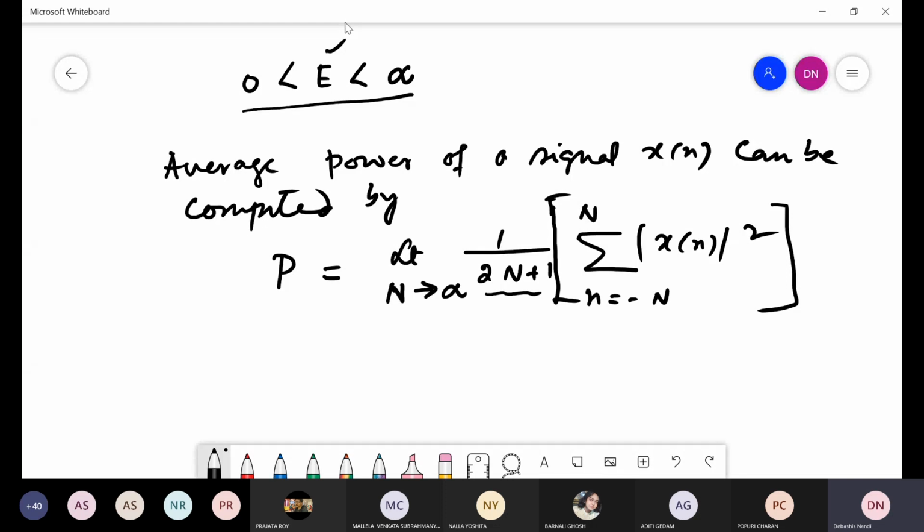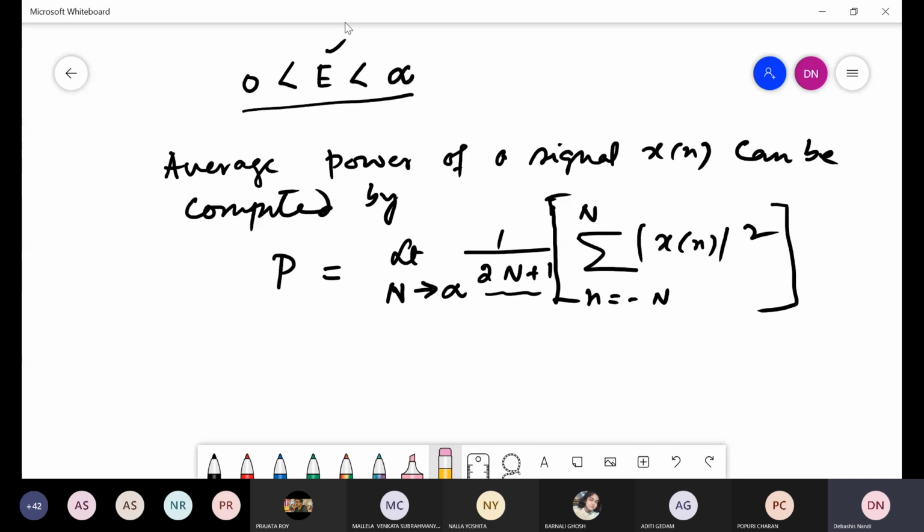Then it will give you the average power. Here you are taking minus N to N. So on the left hand side minus N, on the right hand side plus N, that is 2N, and at small n is equal to 0 another sample is there. Therefore the total number of samples is 2N plus 1, and you get the average power by performing this equation.